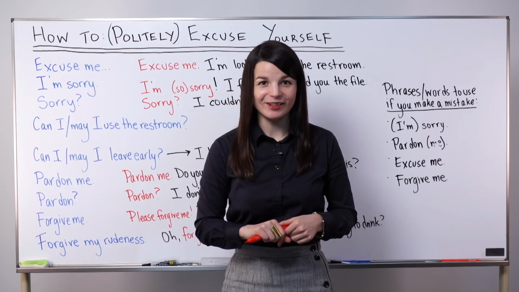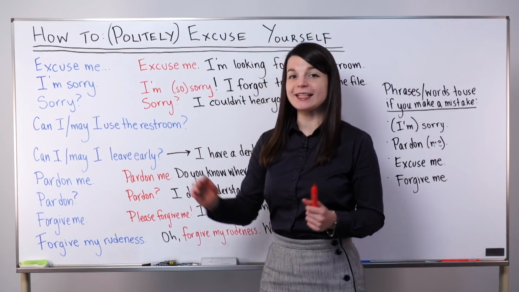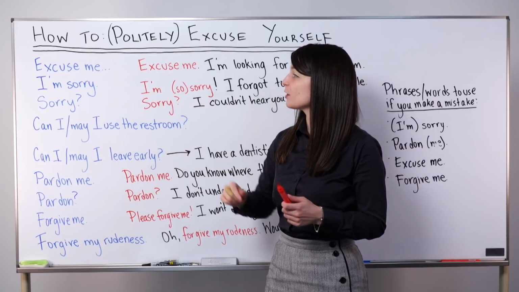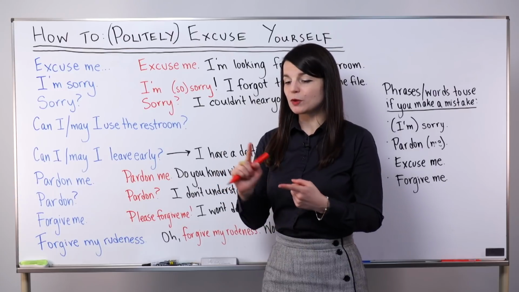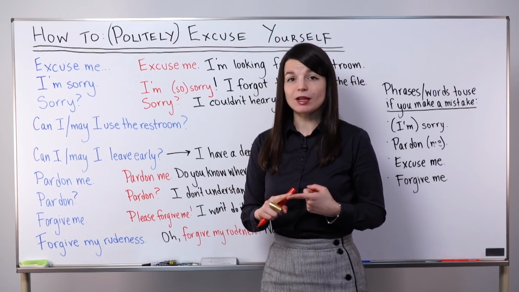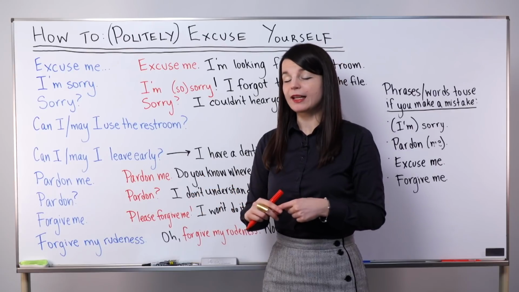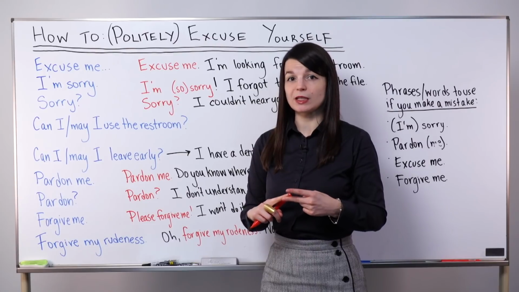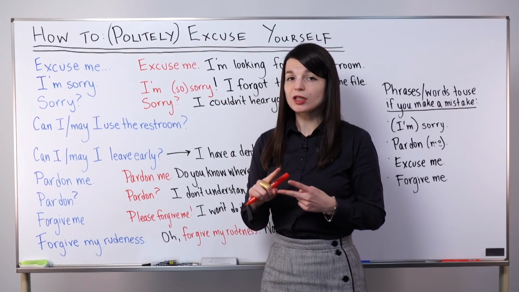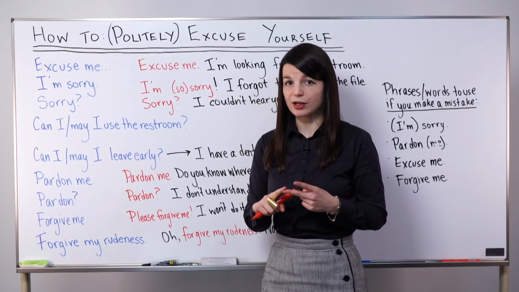So let's get started. Okay, the first expression I want to talk about is excuse me. Excuse me can be used when you need to ask for something and you have to interrupt someone else. It can also be used when you need to apologize for something small. And we usually use excuse me for apologies with strangers.